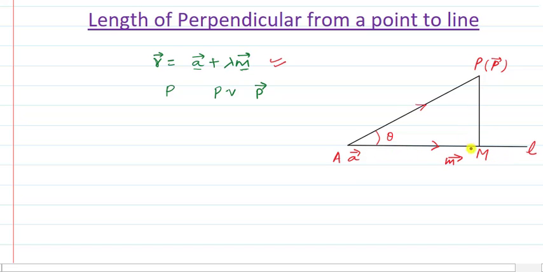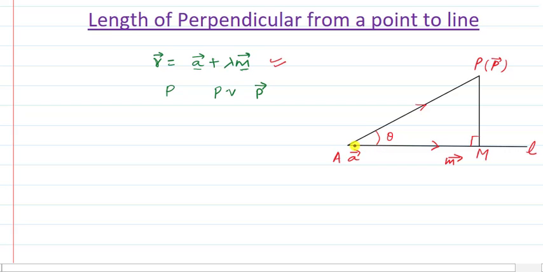That is, we need to calculate this distance PM, which is the perpendicular distance from point P to the given line L. And theta is the angle between AP and line L.